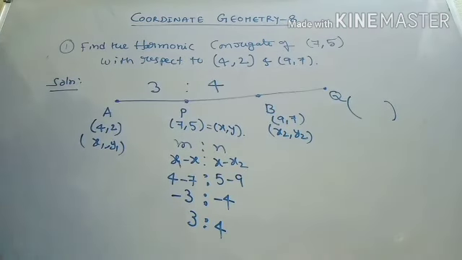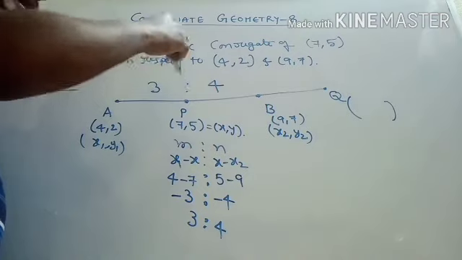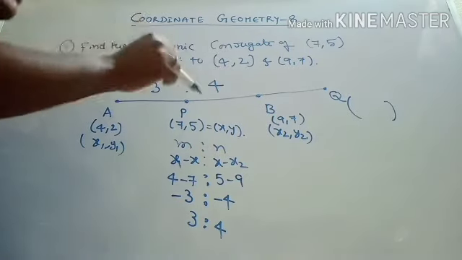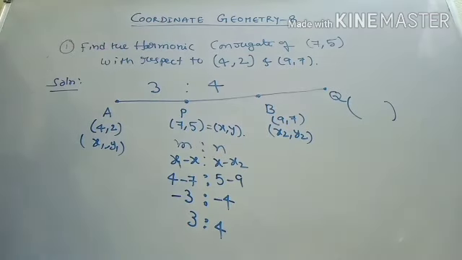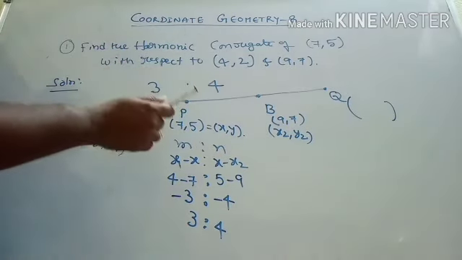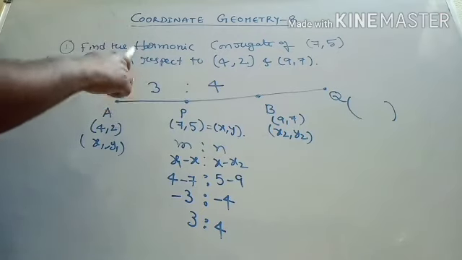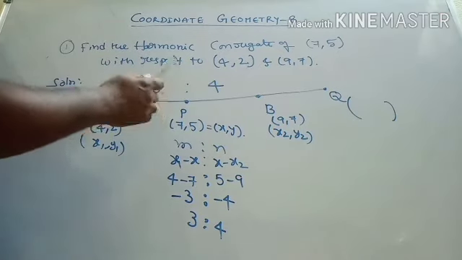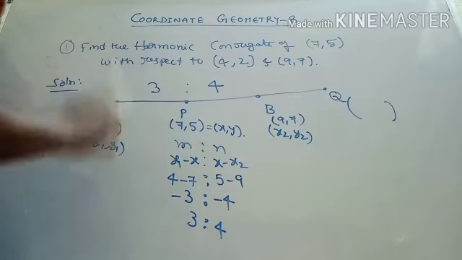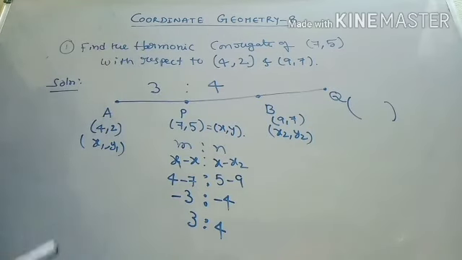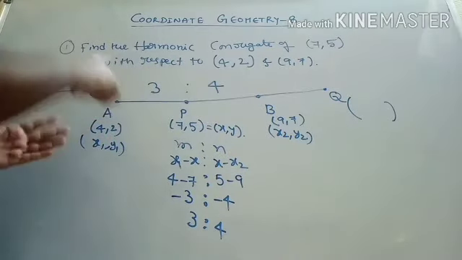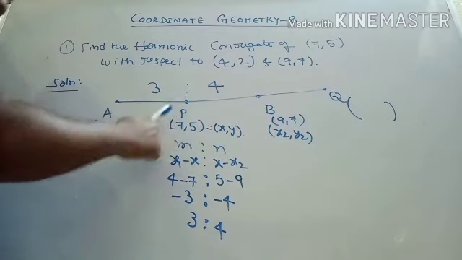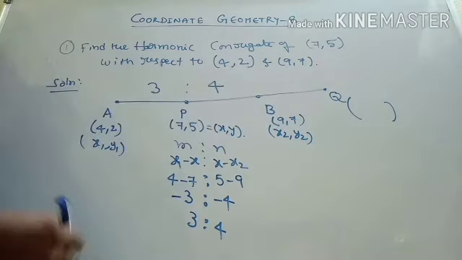Now we have got internal division. In the same ratio, Q will also divide AB externally, in the ratio 3 is to 2. Then we will get the coordinates of Q, and then we will say that Q is the harmonic conjugate of P with respect to A and B, because P and Q are both called harmonic conjugates with respect to A and B. Here they gave P and we need to find Q, and to find Q we should get the ratio, which we now have.